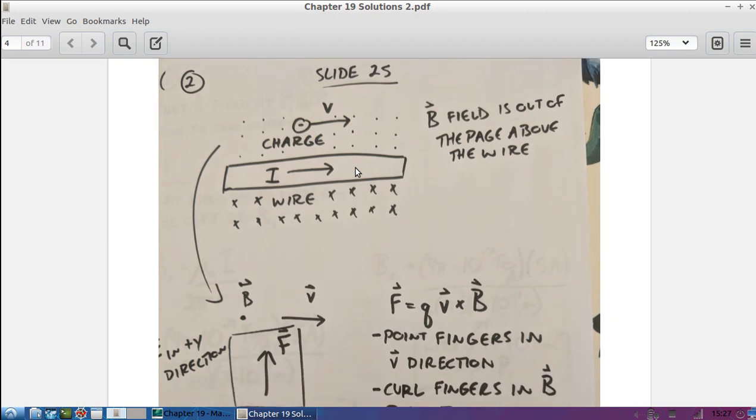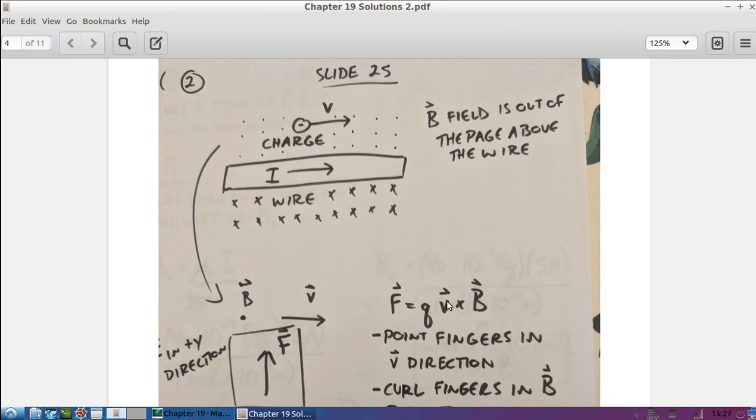Now I'm going to use the first right-hand rule for QVB to find the direction of the magnetic force on this particle due to the magnetic field.